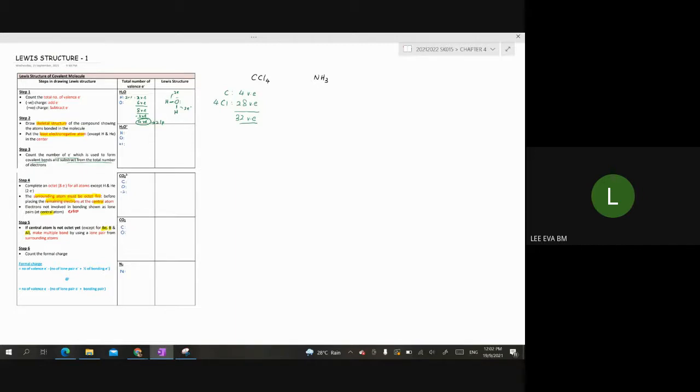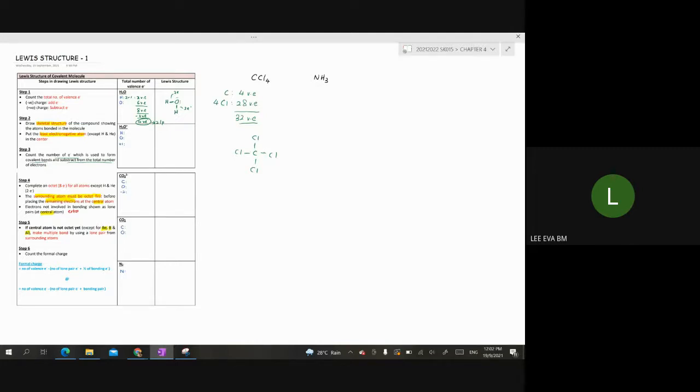Okay. So siapa duduk tengah? Step 2, who is sitting in the middle? Cl or C? C. Carbon. Okay, so I make my skeletal structure. Carbon in the middle because carbon is less electronegative. Okay, so this is our step number 3. So over here, 2, 4, 6, 8.